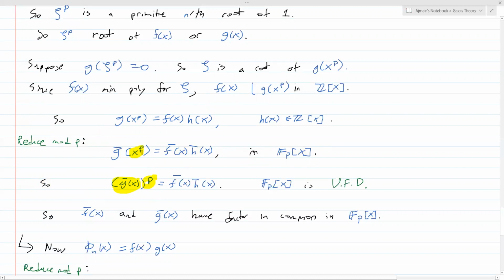This is the Frobenius automorphism: raising to the pth power commutes, and it is actually a field automorphism. So this polynomial is the same as this polynomial, and now we're going to use the fact that F_p of x is a unique factorization domain.